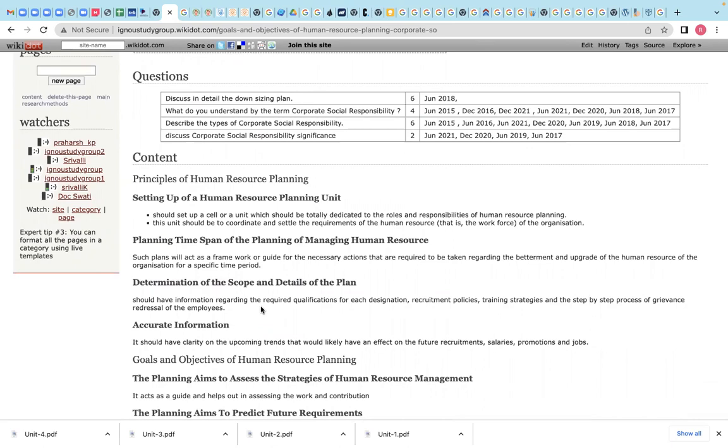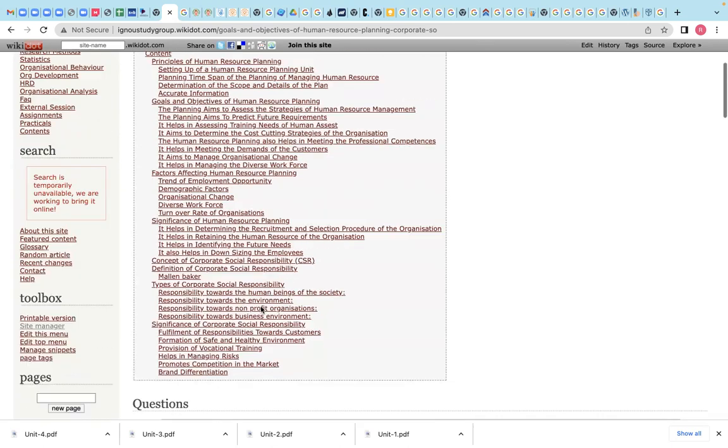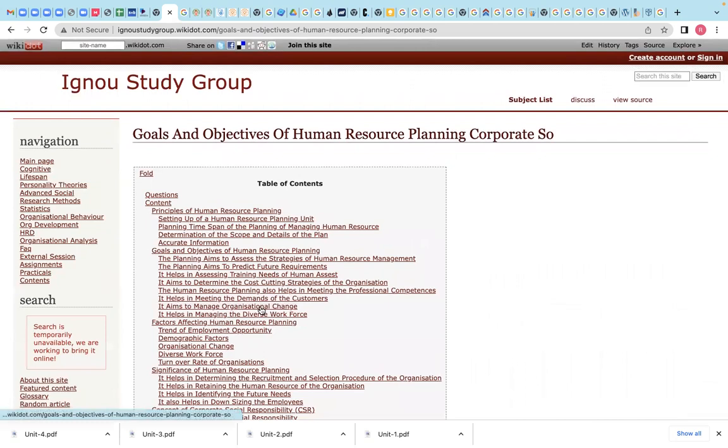It starts with unit 1, which is on the human resource planning side and corporate social responsibility. Actually, human resource planning related aspects are something that we have already gone through in the previous units. It's not the first time. In fact, the entire block 1 was talking about human resource planning, if you remember.